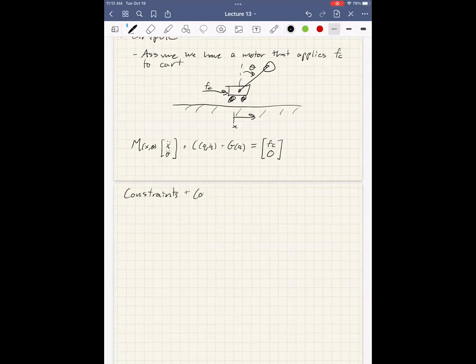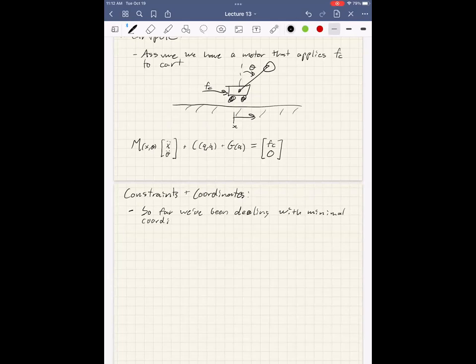constraints and coordinates. So far, we've been dealing pretty much exclusively with minimal coordinates. What does that mean? Anybody?